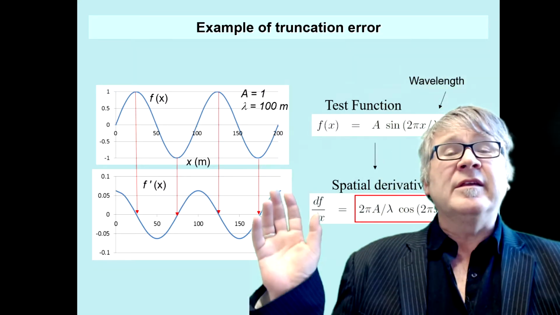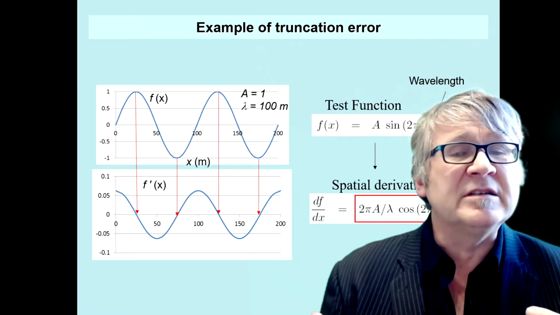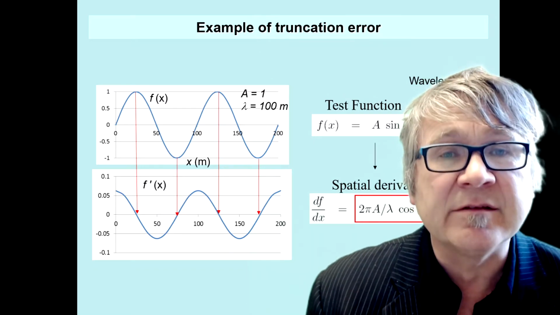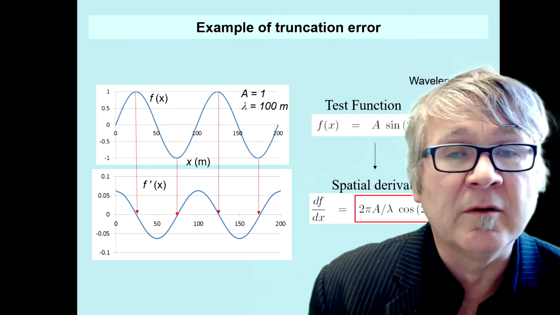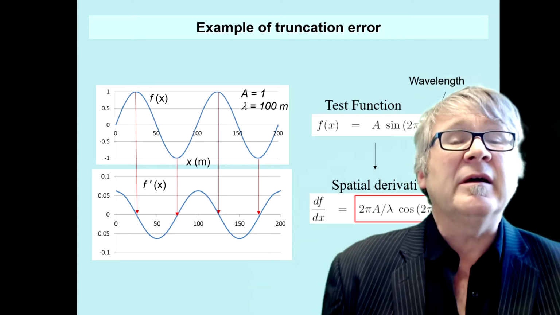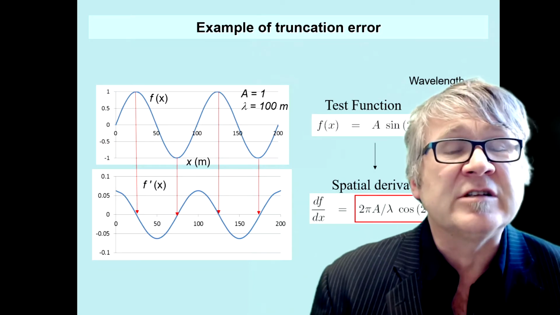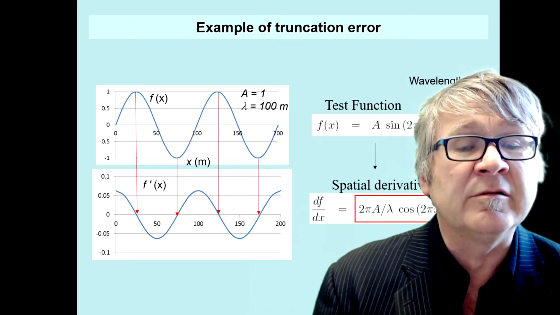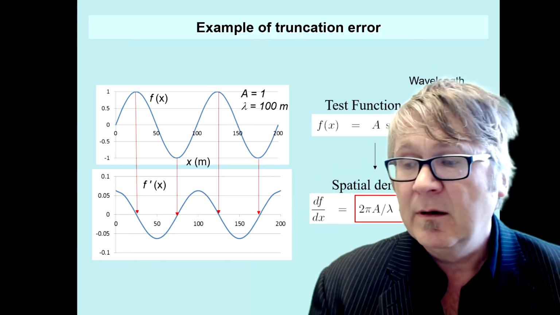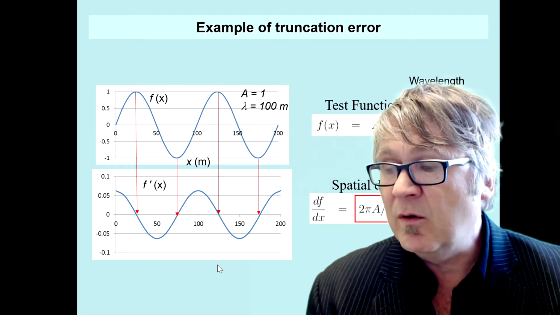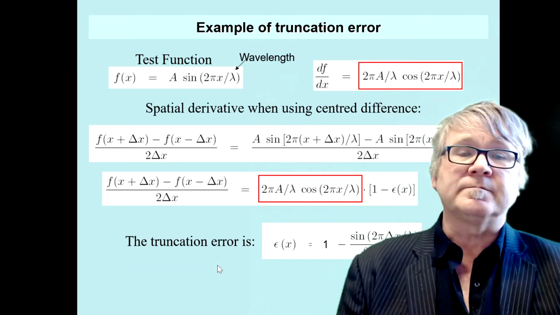So now the next step is we want to represent this function by finite differences. We know exactly this function, so we work out the finite difference derivative and compare it with the spatial derivative. This is now done here.